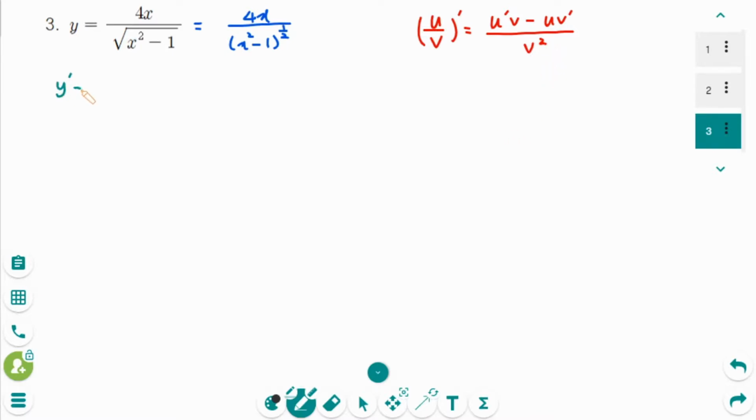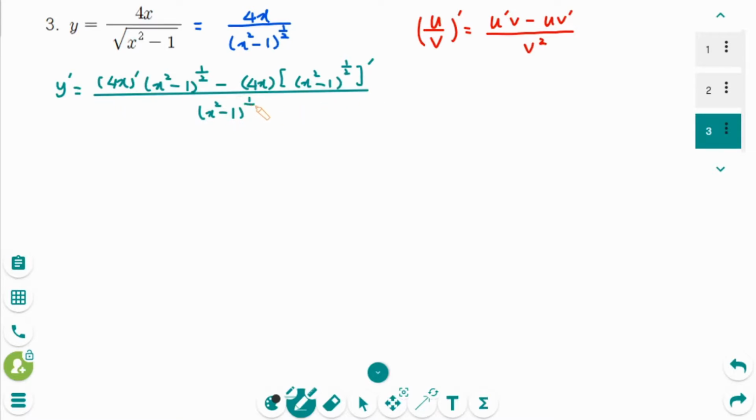Y prime equals (4x) prime times (x squared minus 1) to the power of 1 over 2 minus 4x times ((x squared minus 1) to the power of 1 over 2) prime, over ((x squared minus 1) to the power of 1 over 2) squared. So (4x) prime equals 4.